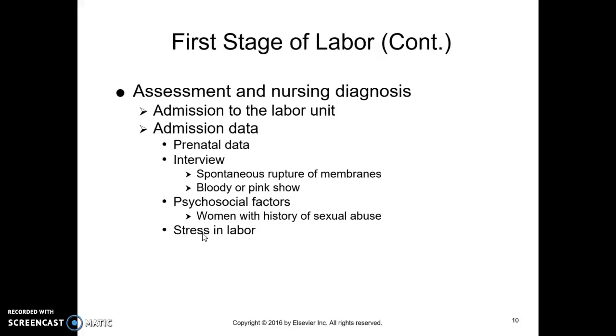Women with continuous labor support are more likely to have a vaginal delivery and better outcomes. That continuous labor support can be nursing, a doula, a significant other, or another female the patient is close to. But we always have to remember that the support person also experiences stress. So the role of the labor and delivery nurse is to not only support the patient, but to support those that are supporting her.